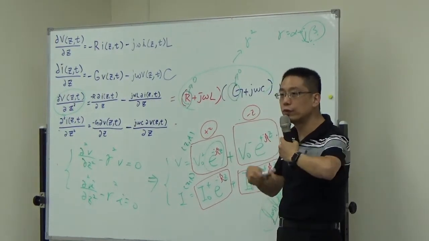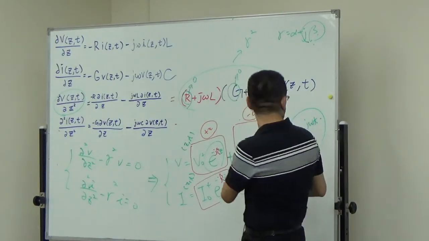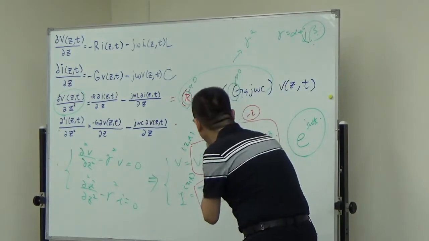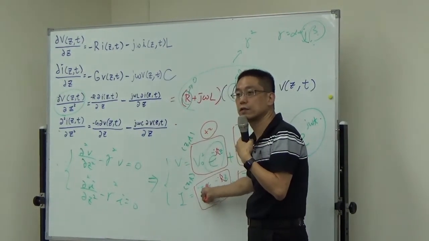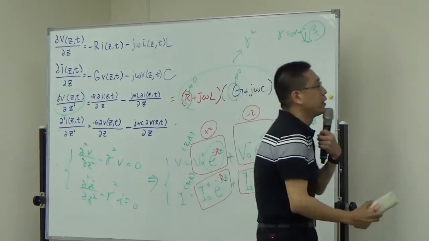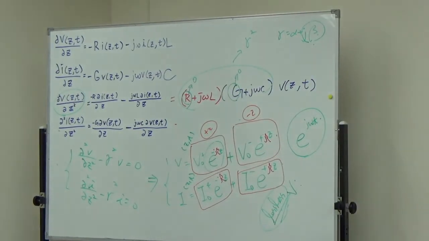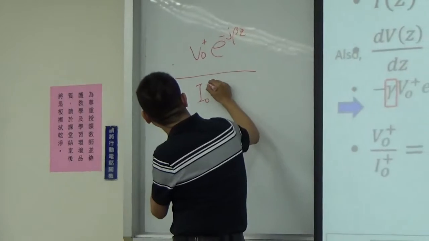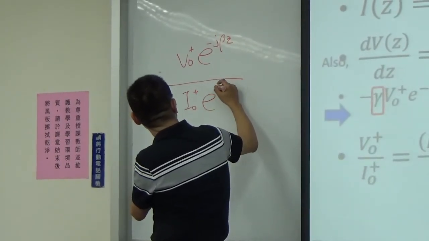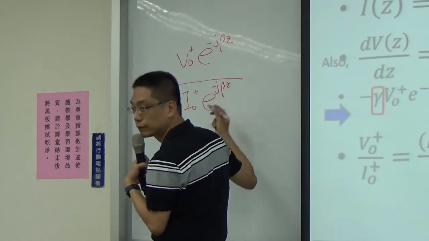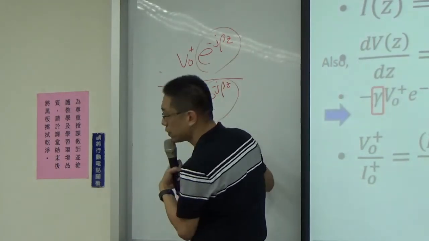We want to define something. It is the ratio between these two terms: the ratio of the positive direction of voltage to the positive direction of current, because these two terms are the same, right?